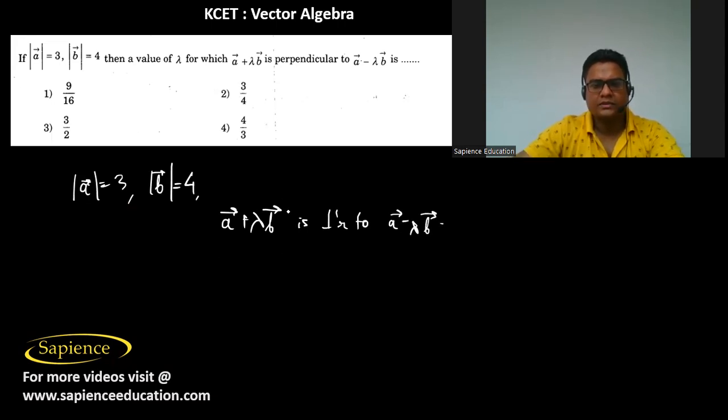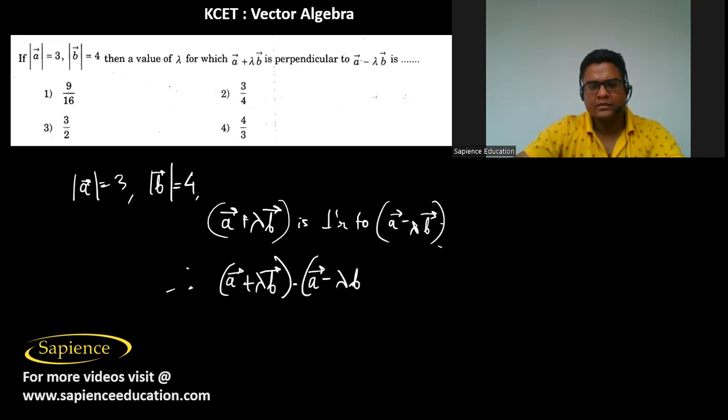So if this vector is perpendicular to A minus lambda B, then their scalar product or their dot product should be 0. Their scalar product means (A plus lambda B) dot (A minus lambda B) should be equal to 0.